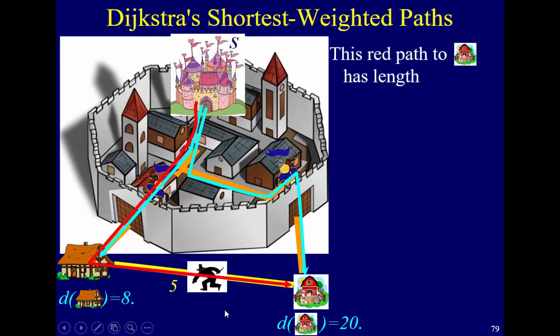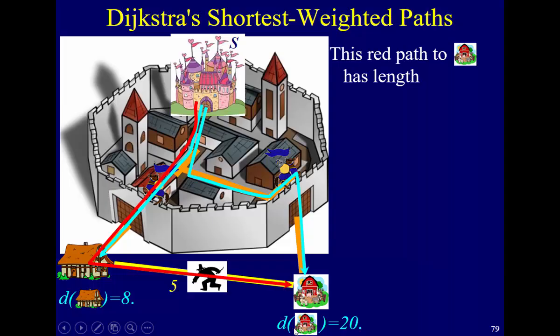Now you might notice that the shortest path to the barn is not this path of length 20. Here's a path that has length 8 plus 5, which is 13. That's better than the 20. But we're not storing 13.